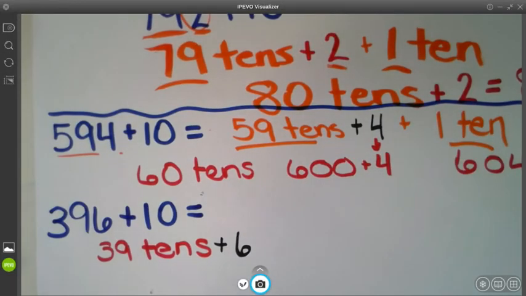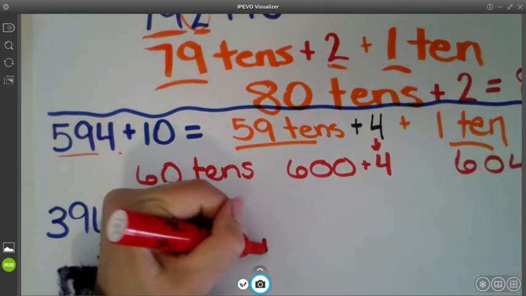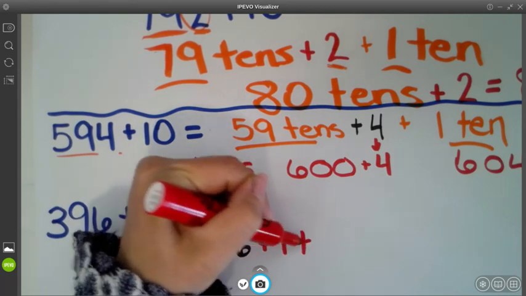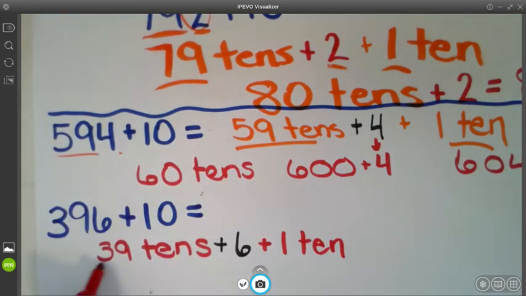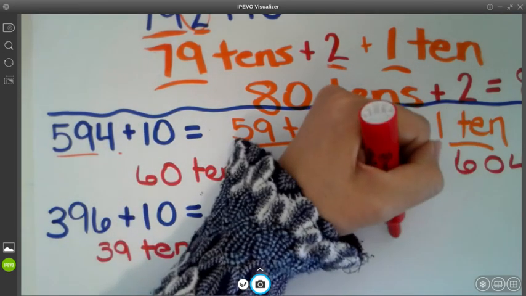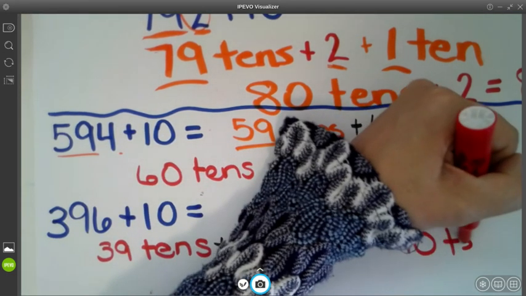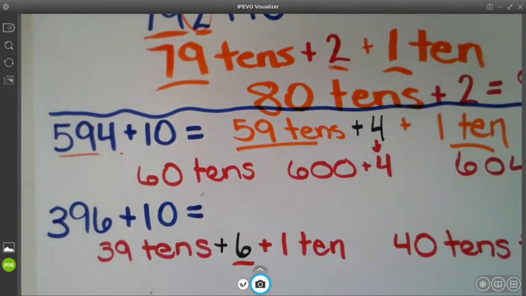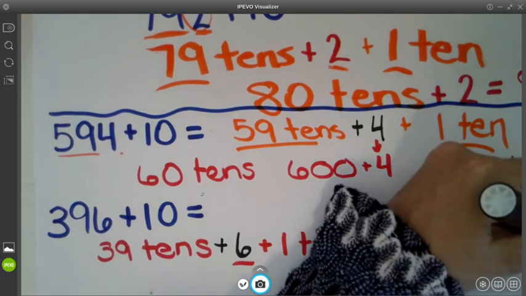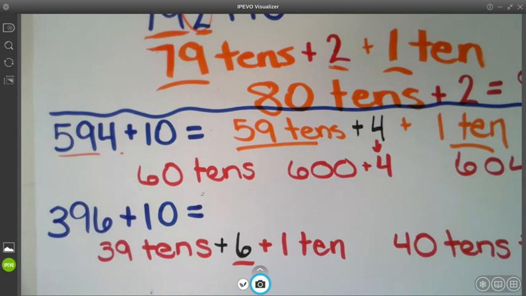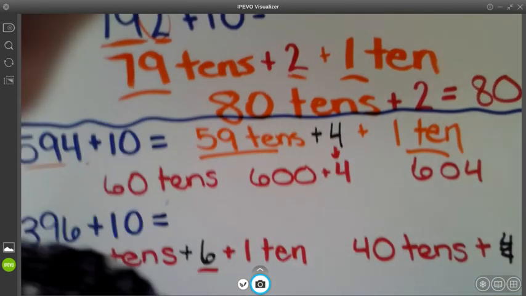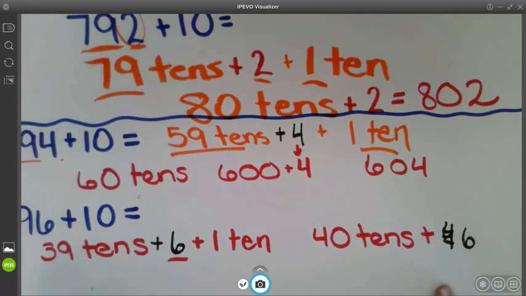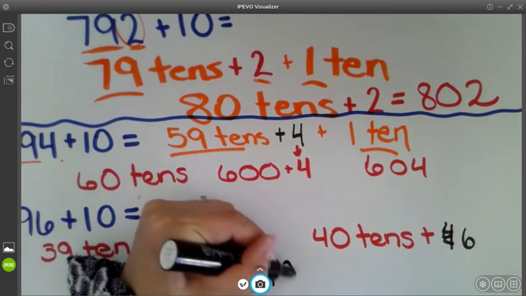So 39 tens plus 6, and then we're going to add the 1 ten that we're adding. So we have 39 plus 1, so it's going to give us 40 tens plus 6. That's going to be 406.